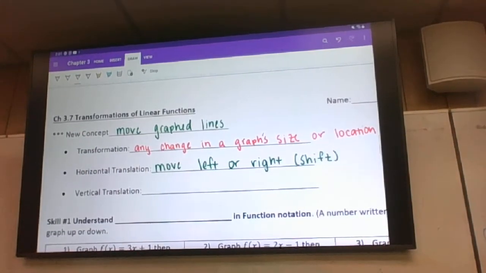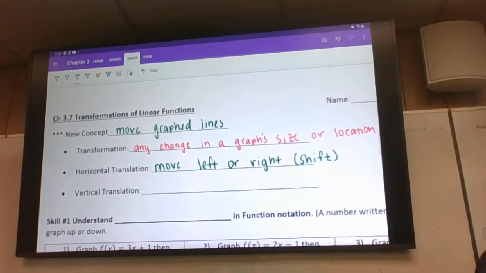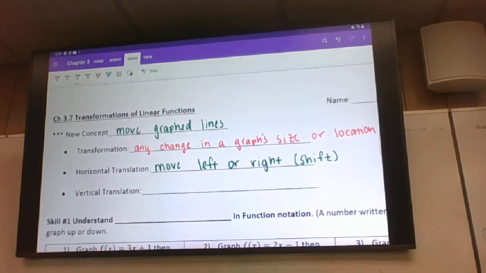I want you to guess if a horizontal translation is a move left or right. What do you guys think a vertical translation is? Up and down. Move up or down. That's just common sense.